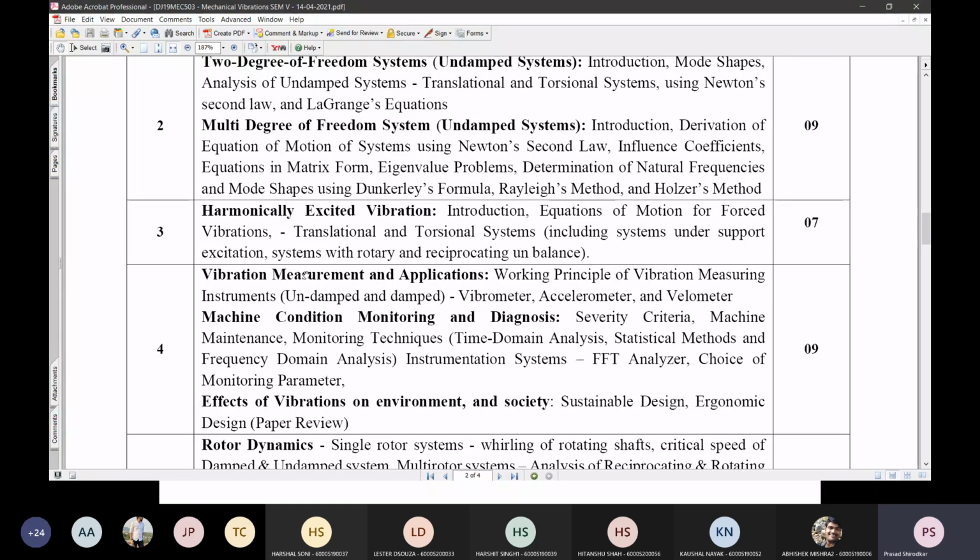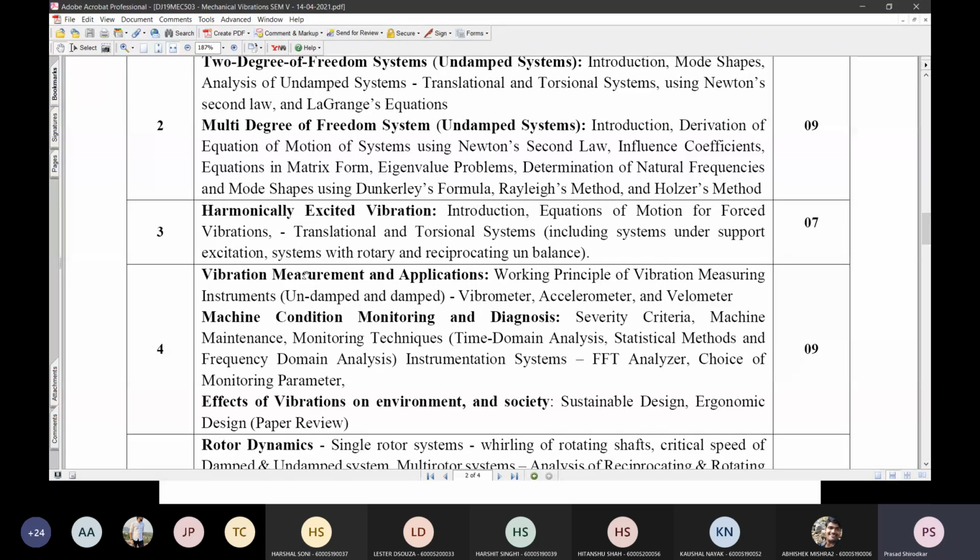And of course, measuring the vibration is a very important aspect of studying vibration. If you have to study the vibration, the first thing you need to do is measure it. There are various instruments, and one of the most advanced is the FFT analyzer. So you can analyze the vibration and study its characteristics.